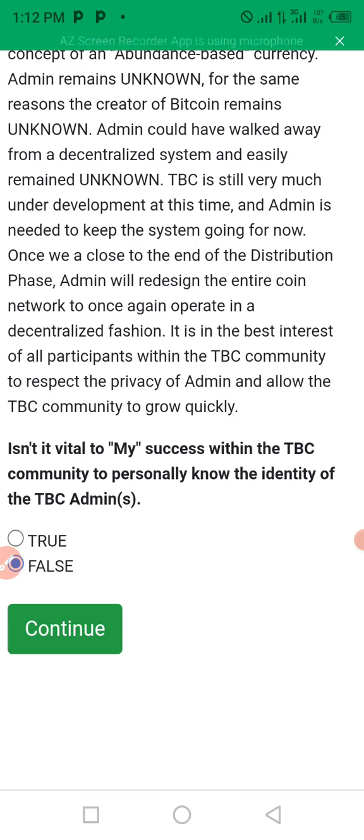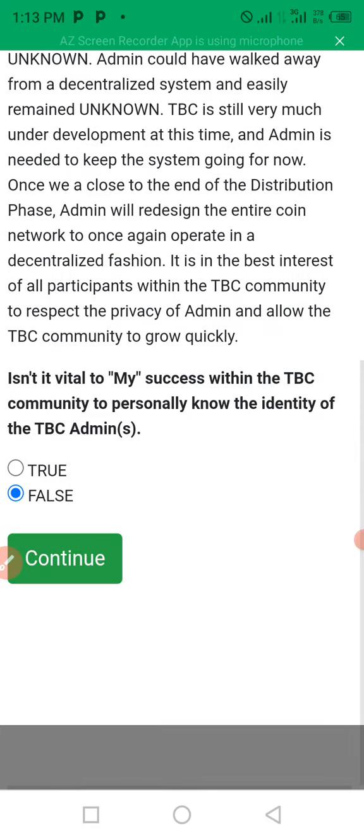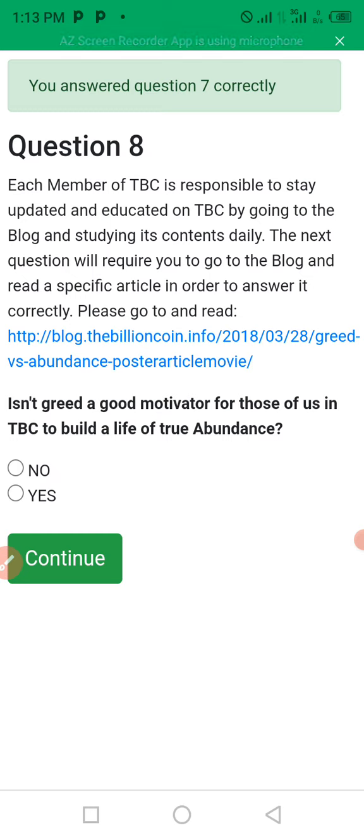Some people are saying how I'm recruiting people. So isn't it good for me to know the real identity of the TBC admin? You don't need that. All of us just gather to work towards our success. The answer is false.